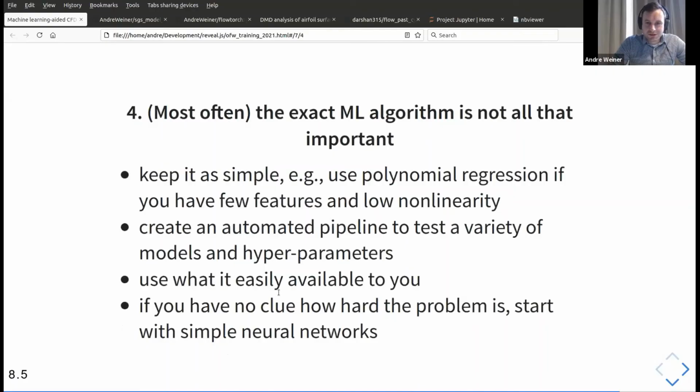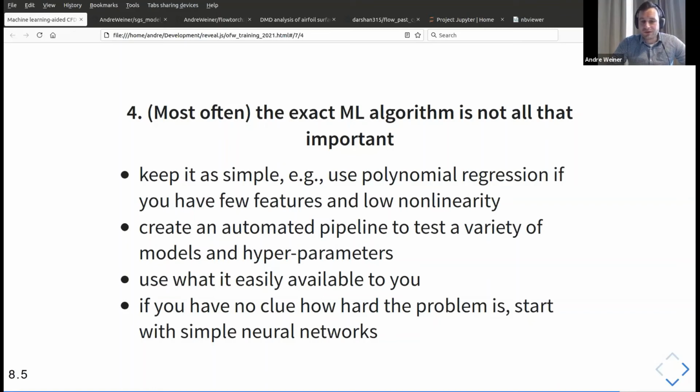Another lesson learned: most of the time the actual machine learning algorithm that you use is not really that important. If possible, keep it simple and of course use what is easily accessible to you. If you already have a binding to a library, then use the models from that library first.